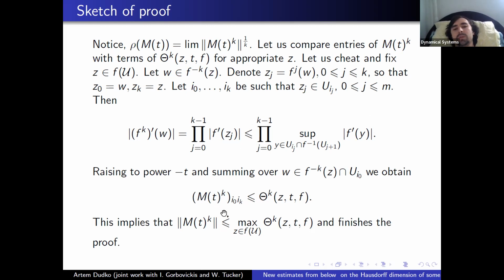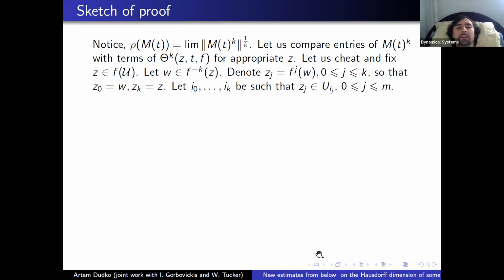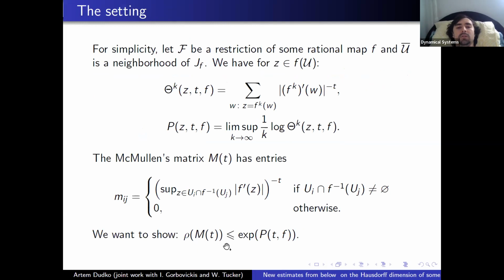When we raise this to power 1 over k, in the limit we obtain exactly this inequality, rho of M of t less or equal to exponent of P of tf, which finishes the proof of the main theorem.